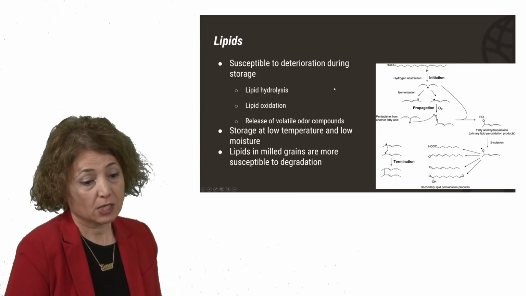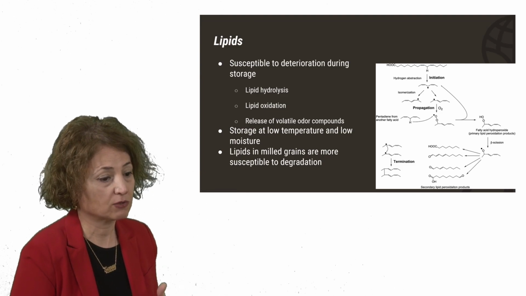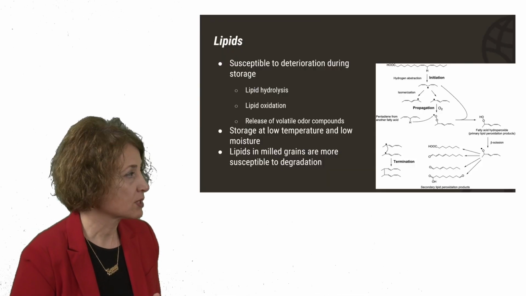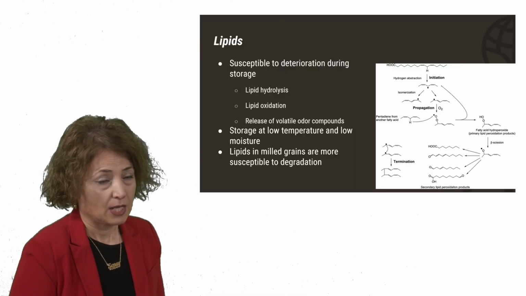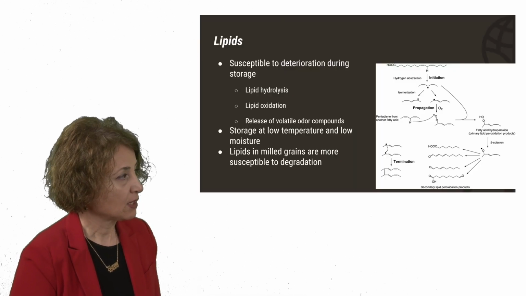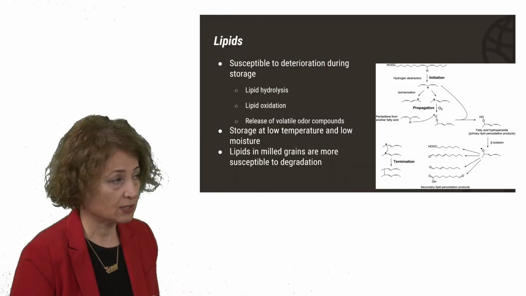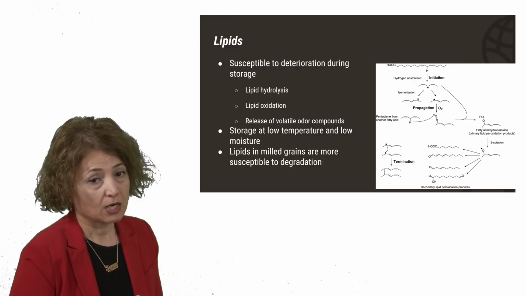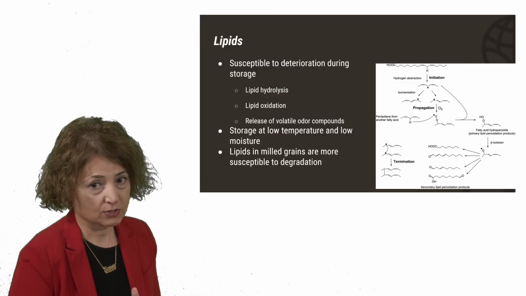So why are they important? Because lipid hydrolysis and lipid oxidation develop flavors and volatile odor compounds. Especially if high-lipid materials are exposed to light, humidity and high temperature, they will have faster lipid oxidation.